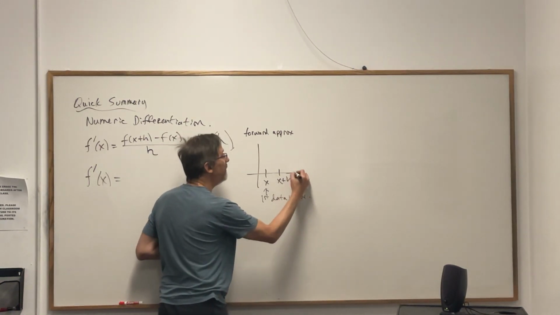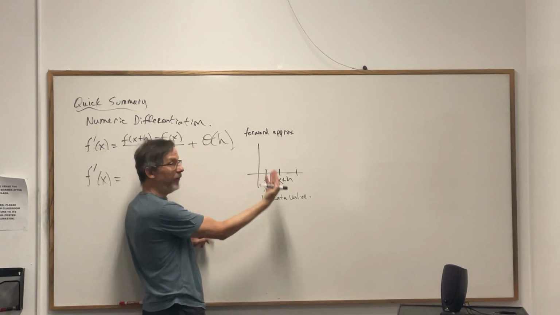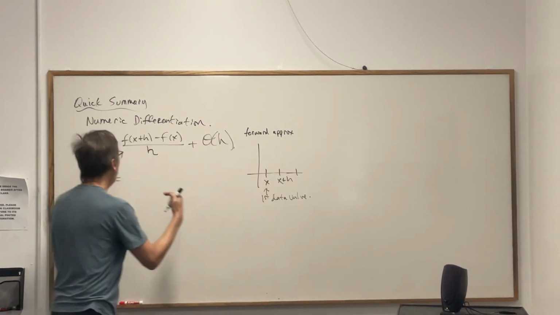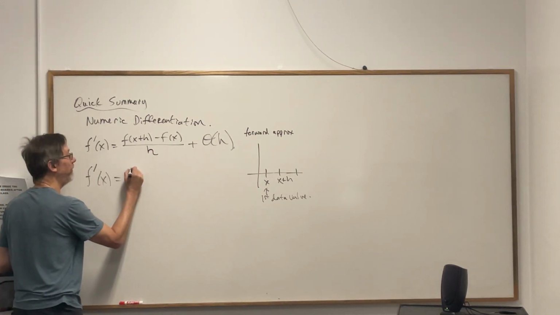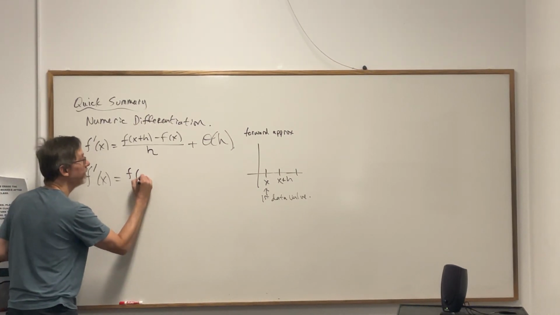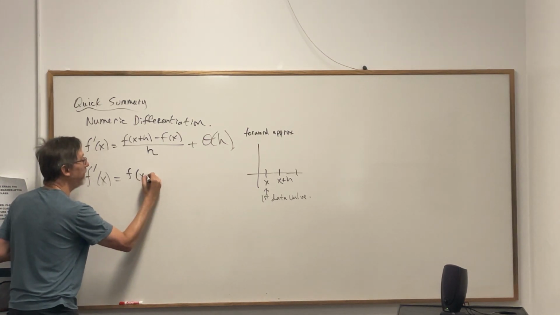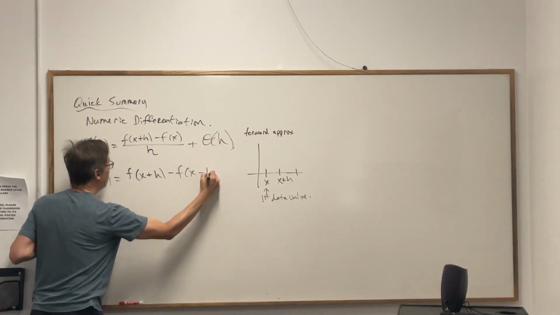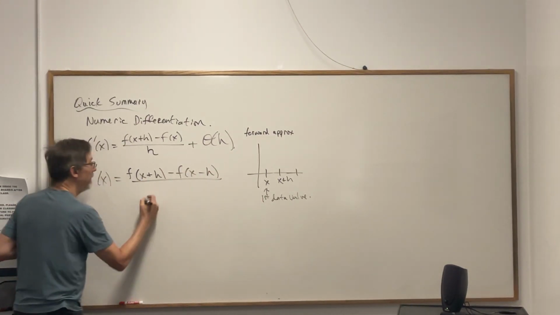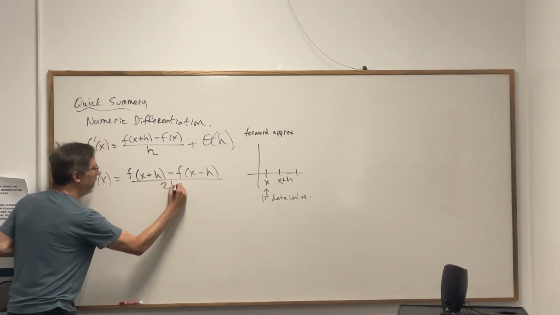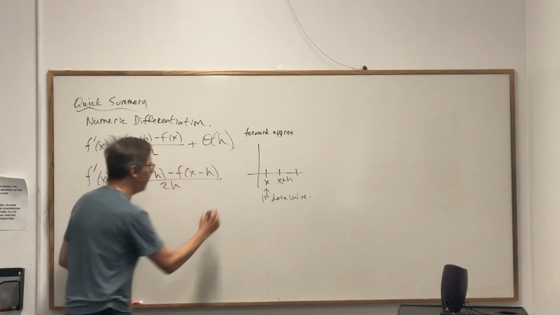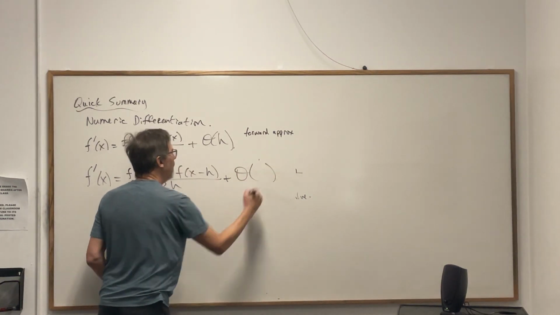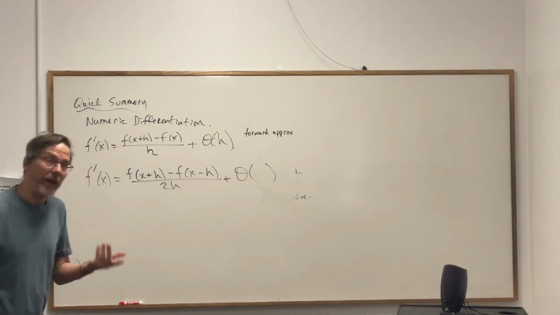Then as I moved into the set, once I had neighboring points on the left and right, I would switch over to this formula, the central difference approximation: f of x plus h minus f of x minus h, over 2h. Do you remember what the order of error was on this? Squared. Yeah, it was h squared.